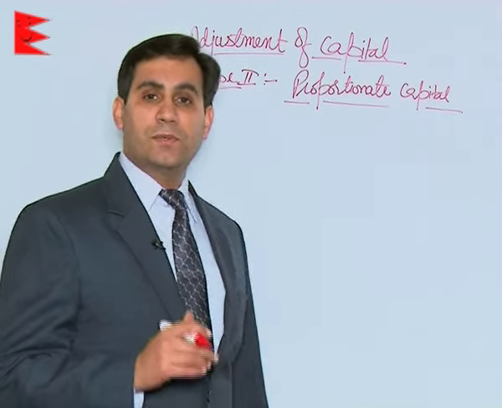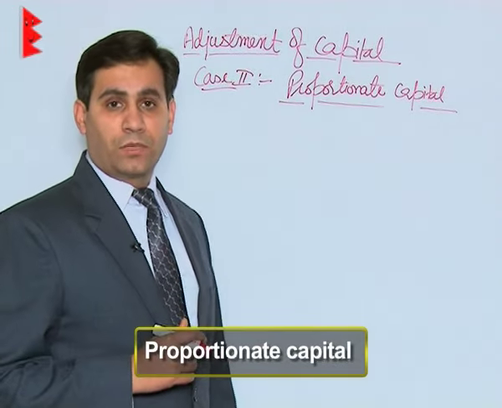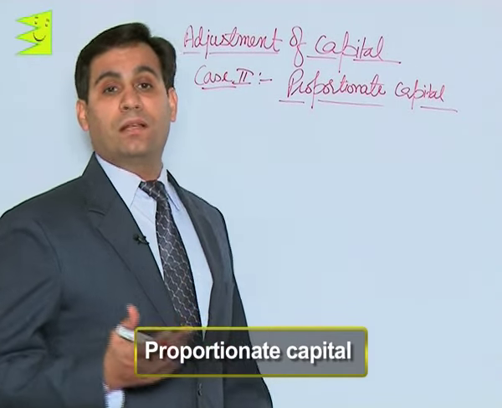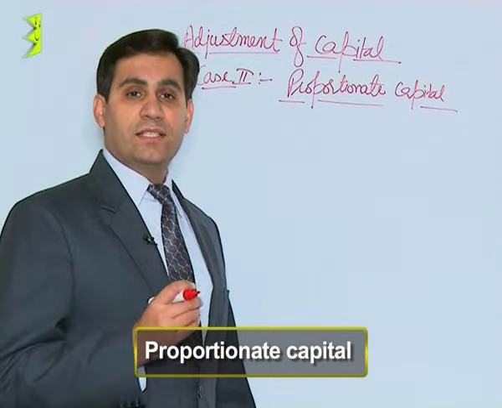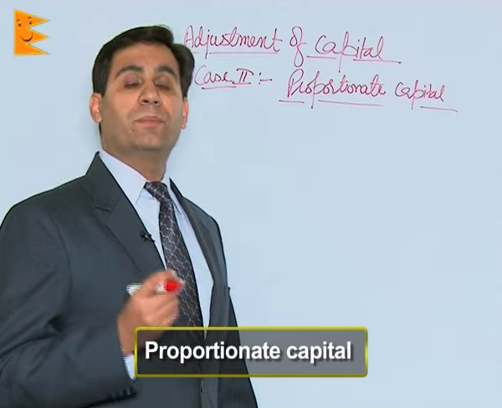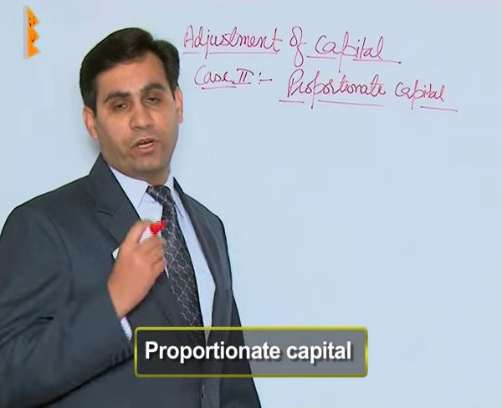The second case for adjustment of capital is proportionate capital. Now students, in this case, it is not that the capitals of the old partners are to be adjusted. In this case, the new partner decides to contribute capital on the basis of his share in the firm.